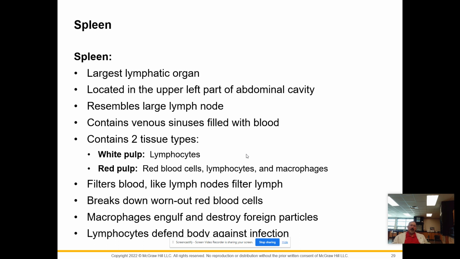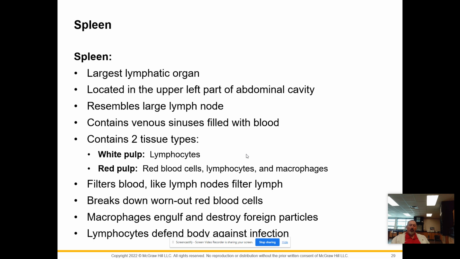But let's say that we have erythroblastosis fetalis, where we have that fetus where it's killing all those red blood cells of our bone marrow. That backup mechanism to try to fix that would be to revert back to the spleen to make our red blood cells.